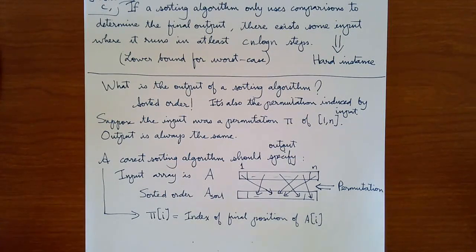Okay, so someone, I believe, asked: how do we remember the initial position of the elements for pi when we keep swapping? Okay, so let me suggest something over here.